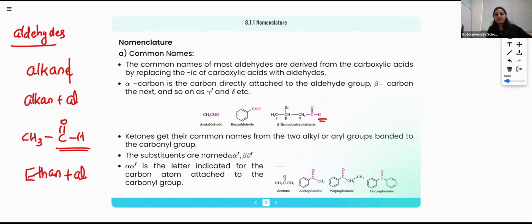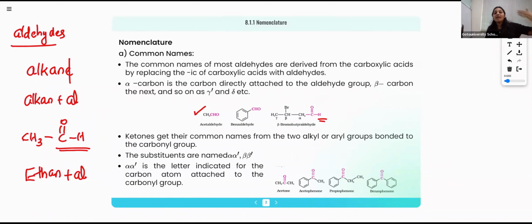If it is 3 carbon, it will be propanal. If it is 4, butanal. No need to mention the number because the CHO group, the aldehyde group, will always be at the end of the chain. Got it? Understood, right? See, acetaldehyde. This acetaldehyde is the common name for ethanal, but the IUPAC name is ethanal itself. Then this one is benzaldehyde. Why is it benzaldehyde?